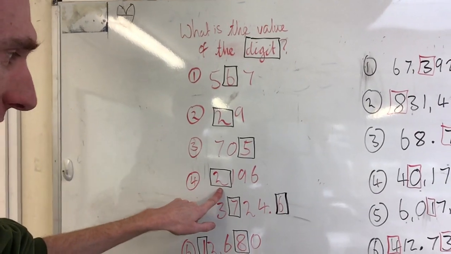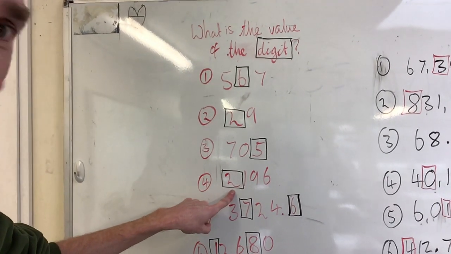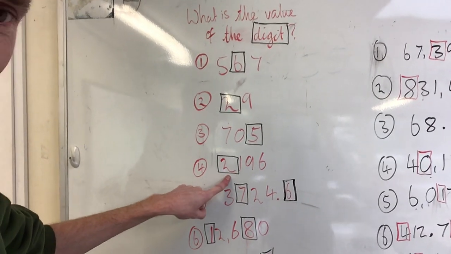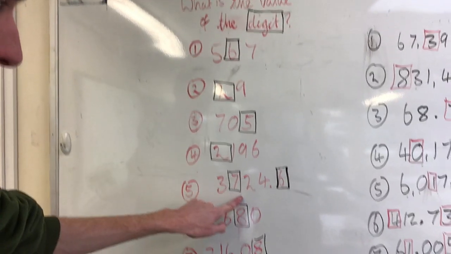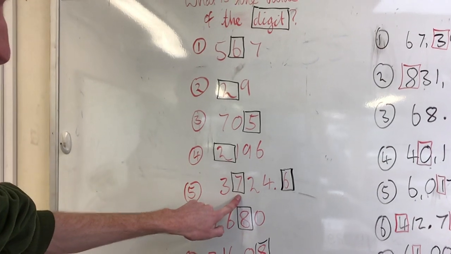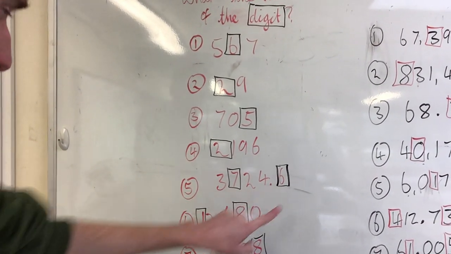Number 4, we've got 2,196. So 2,000s there in that column. Number 5, we've got a decimal number here. 3,724.6. So we've got 700s, and we've also got 6 tenths there as well.